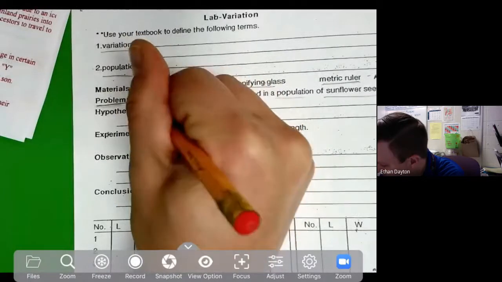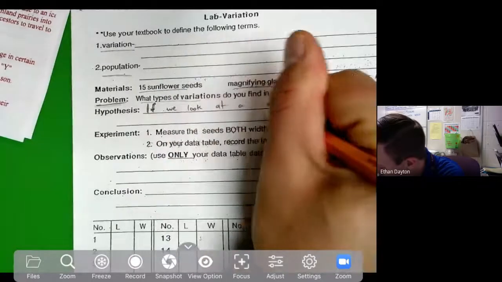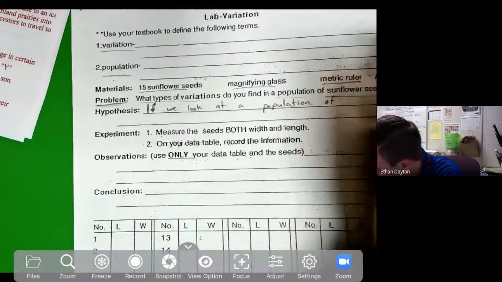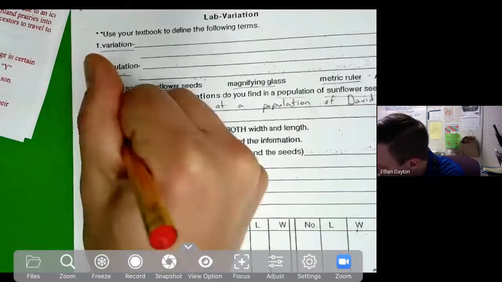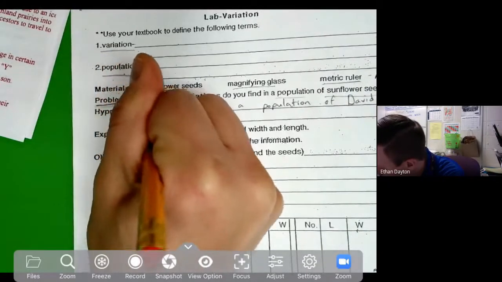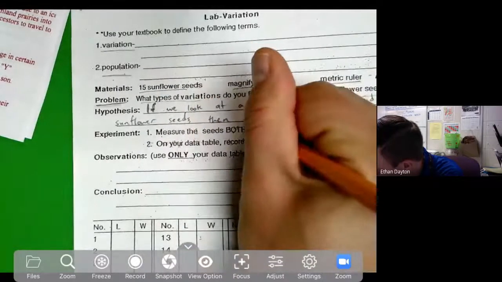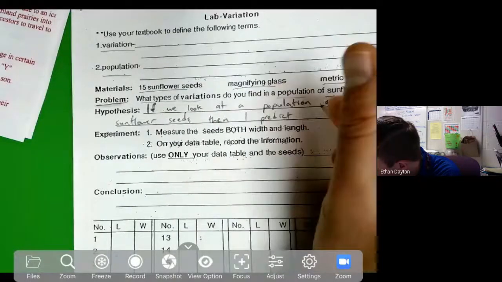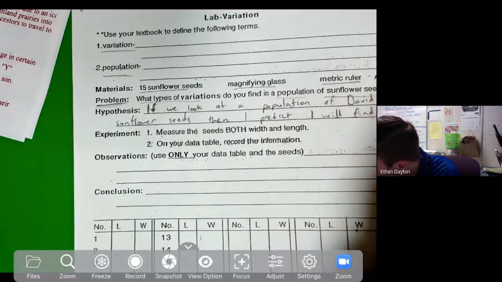If we look at a population of sunflower seeds, then I predict I will find variations in what?